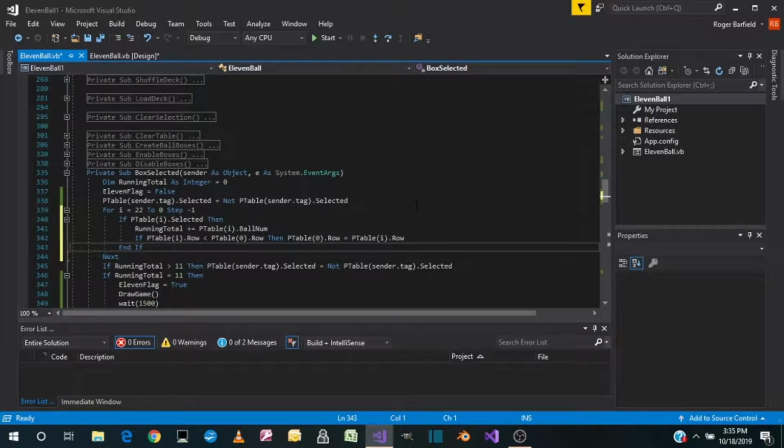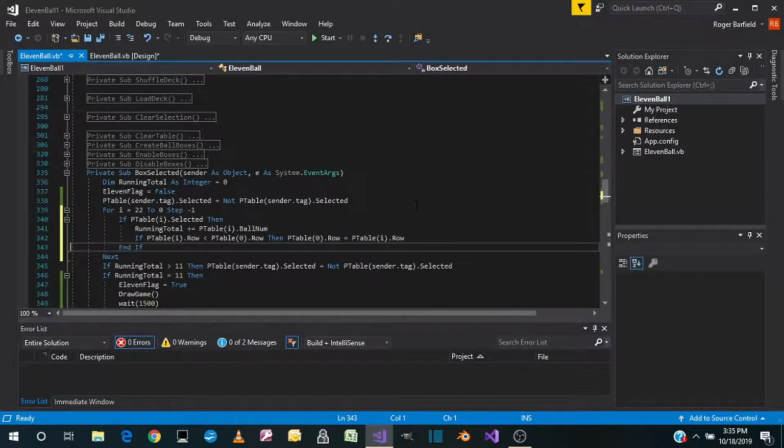Basically, we're checking against the row we just looked at. If the ball is selected, we're counting the points. We're counting the ball to add it to see if it's equal to 11. Okay, but we're also checking to see the value of the row on the selected ball. And we start at row 22 and work our way backwards.